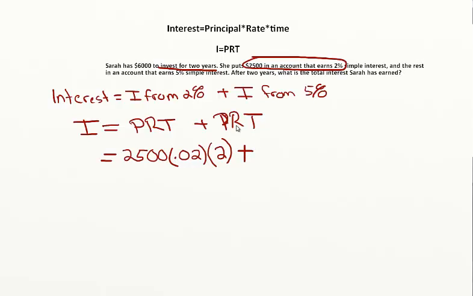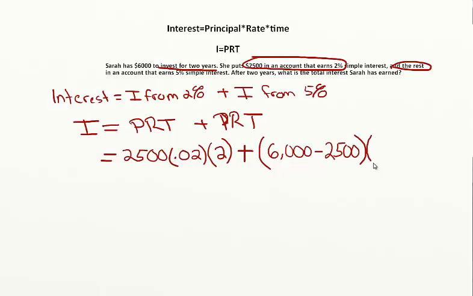Now we have to add to it the interest from the 5% account. So what's our principal there? The rest, which would be her original amount. So she has $6,000 originally, minus the amount she put in the other account, which was $2,500. So that's how much she's going to put in this account, times the rate.